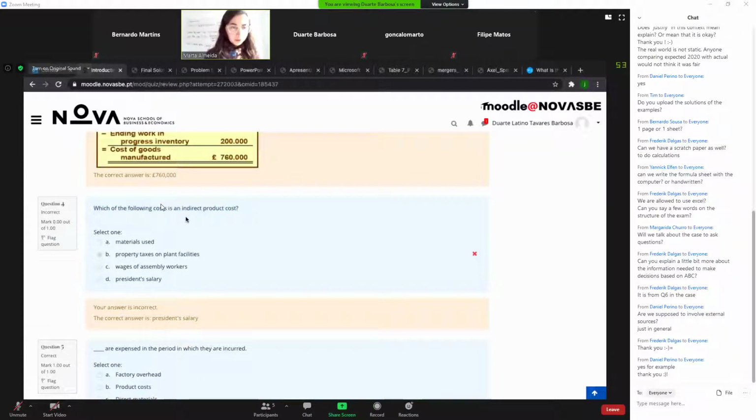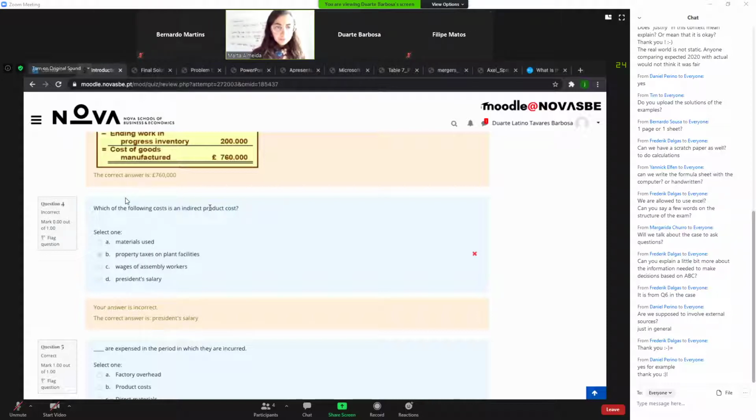Indirect product cost. A minha dúvida é: product cost é um custo que vai direto valorizar o inventário, certo? Então é um custo do produto, né? Exato, custo indireto do produto. Ok. O president salary é um product cost?